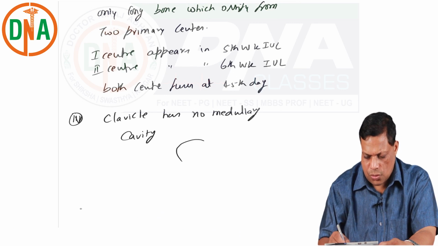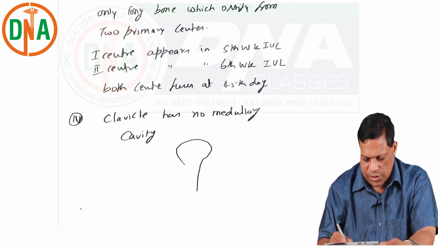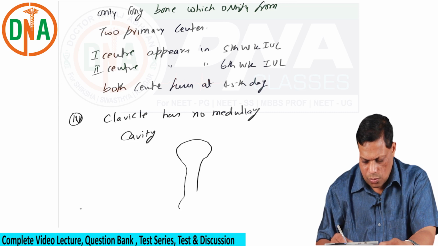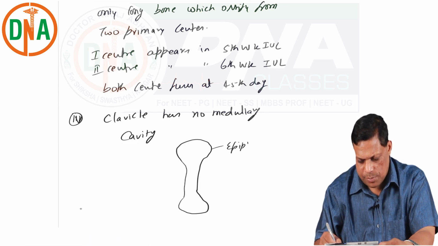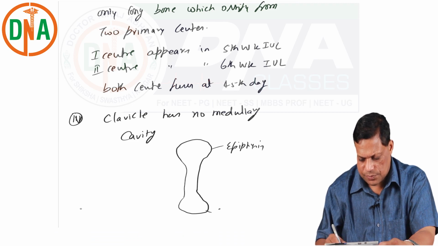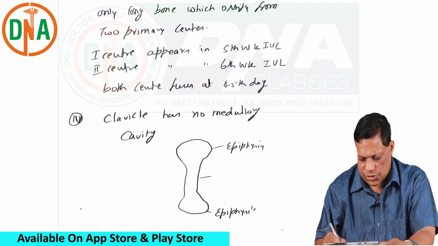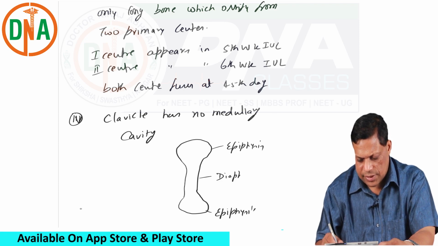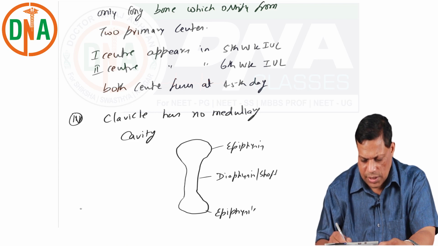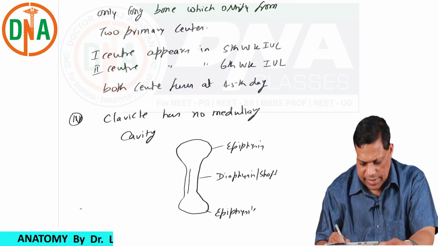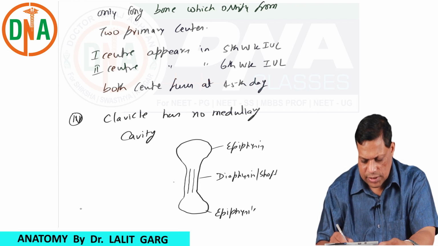Look at the picture. This is the picture of a long bone. These ends are known as the epiphysis. And the shaft is known as the diaphysis. This shaft or diaphysis has a cavity, and this cavity is known as the medullary cavity.